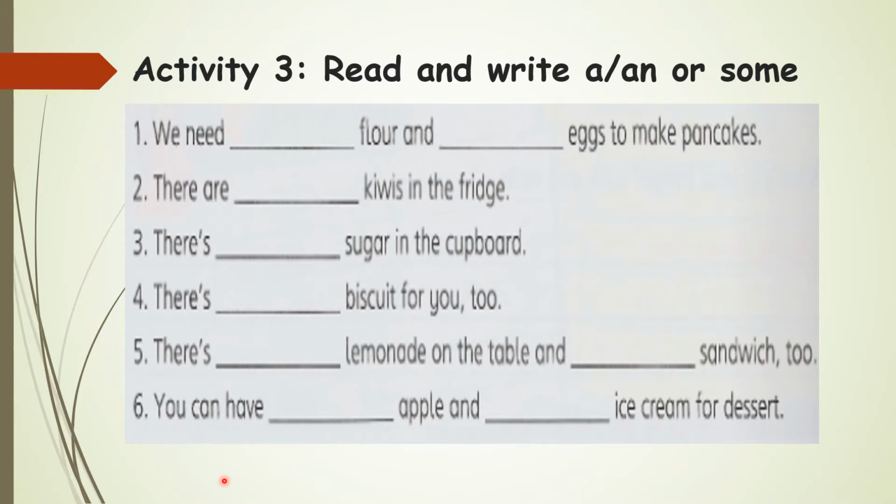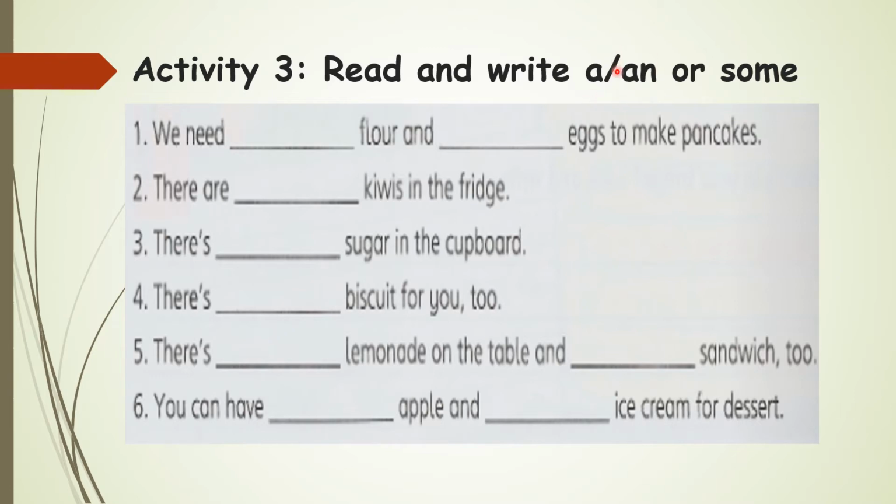Now, let's look at your next activity. Activity 3. You need to read and then write a or an or some. So, in the previous lesson, you have learned when to use a or an. A or an is only for one. Okay?